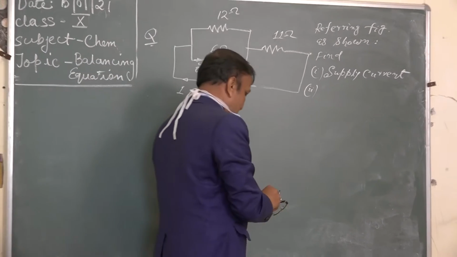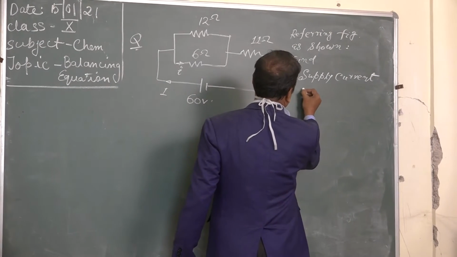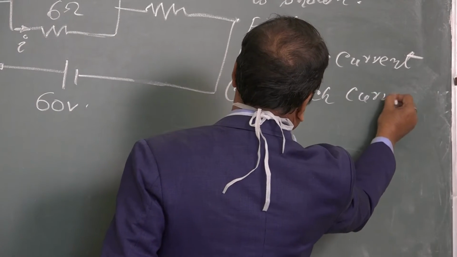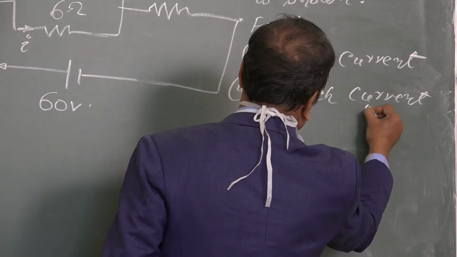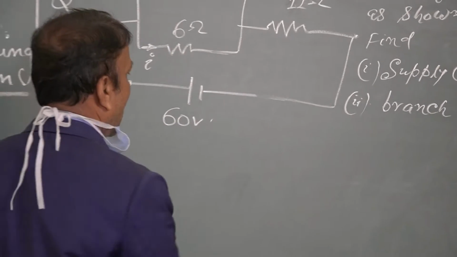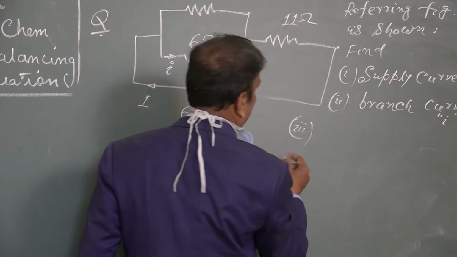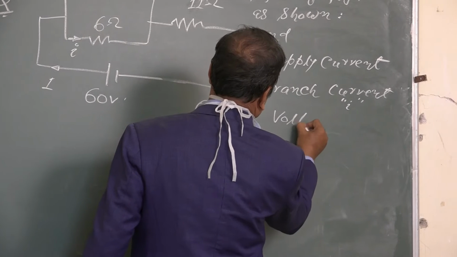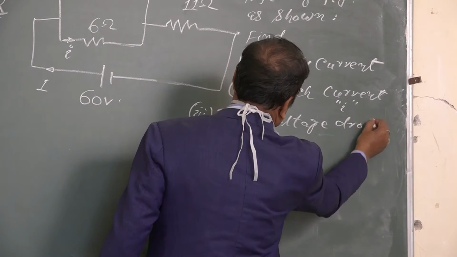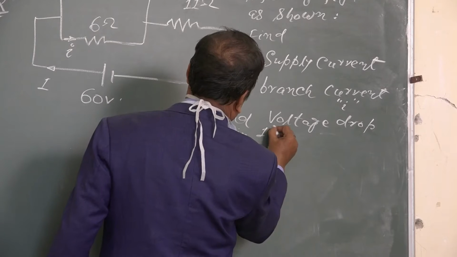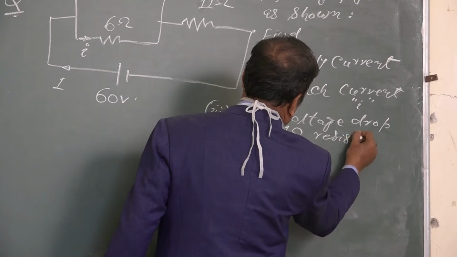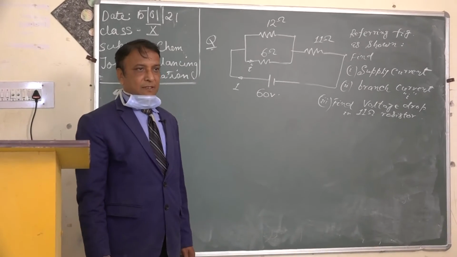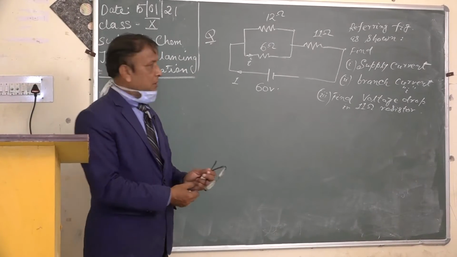Suppose I have taken it as I. Find the branch current I, which is flowing in the 6 ohm resistor. Third bit, find the voltage drop in the 11 ohm resistor. So, about these three things I will discuss with you.